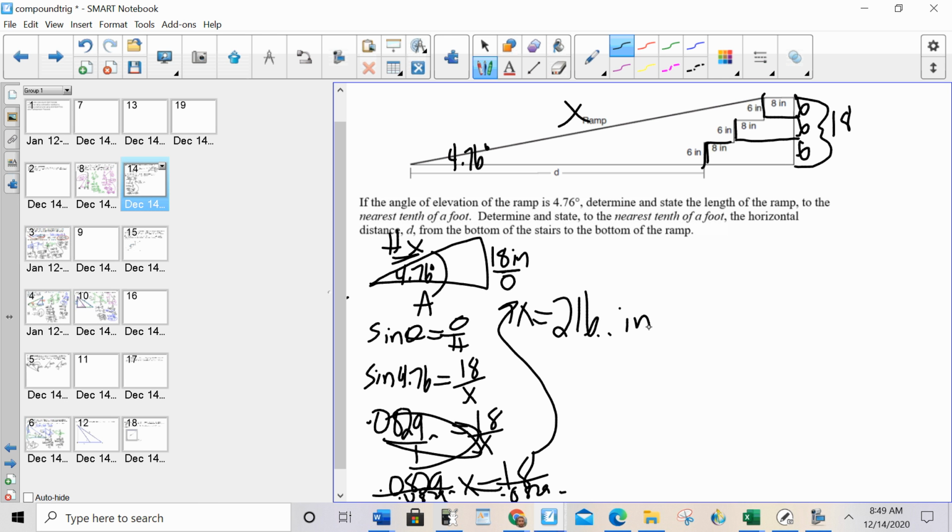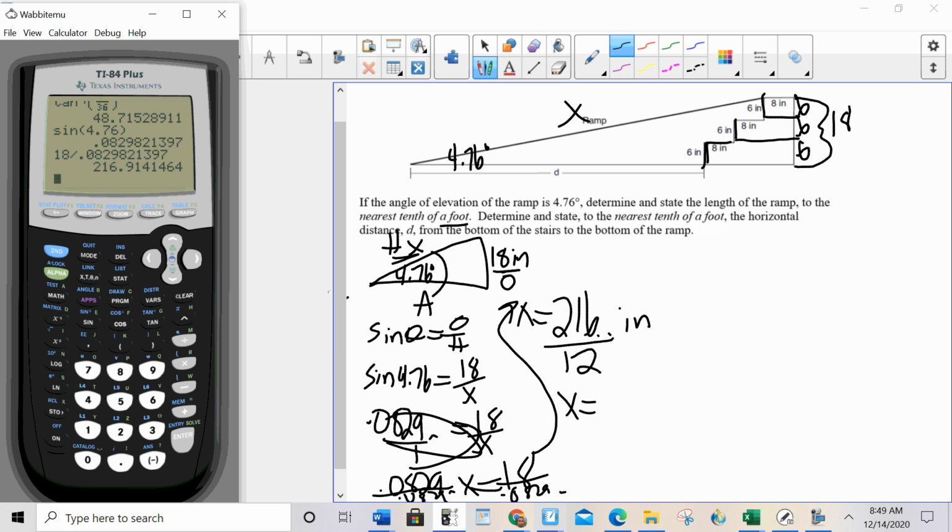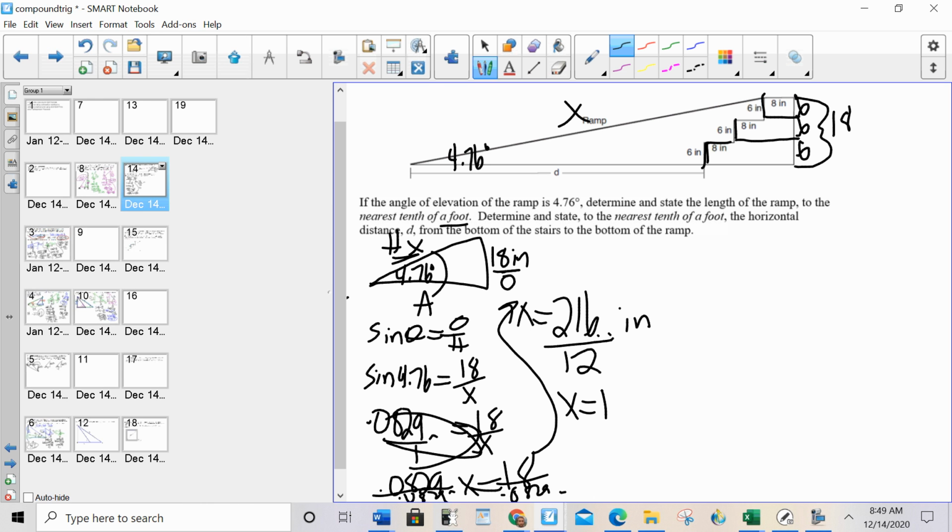It wants it in feet, so I can just divide it by 12 since there's 12 inches in a foot. You could have done the conversion at the beginning as well. Either way is fine. In my answer key, I might have done the conversion at the beginning. And I get 18.1 feet. So this is 18.1 feet.